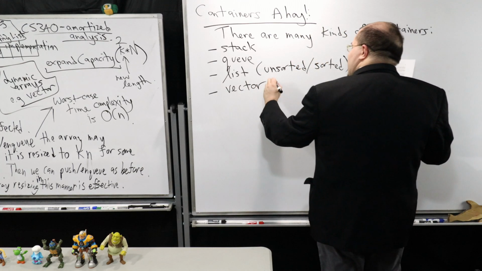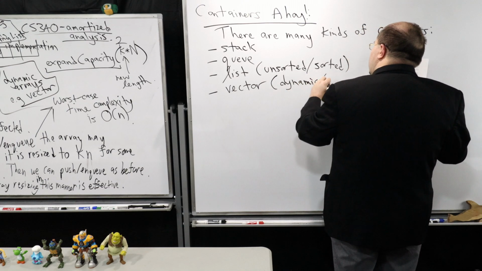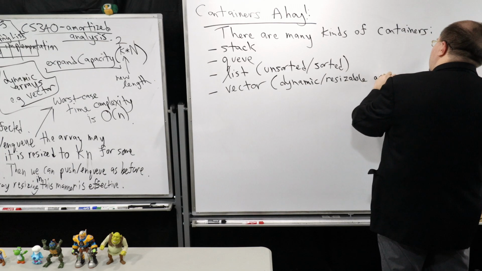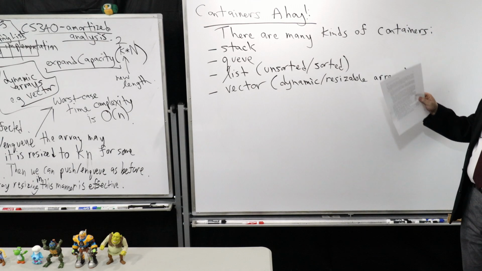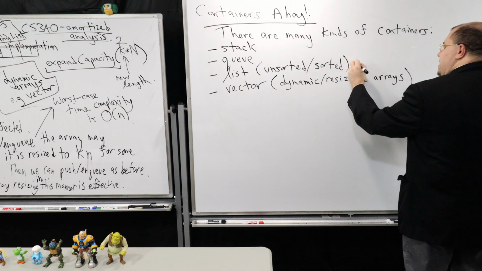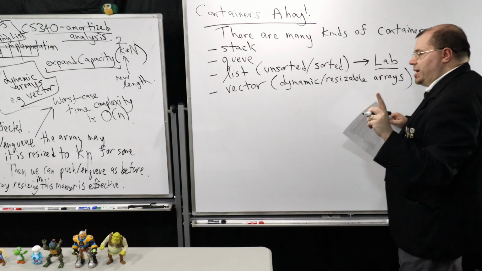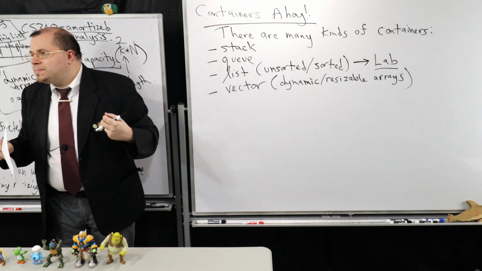These are dynamic or resizable arrays. So you might ask, okay, so what's a list? Here's the great thing. You're going to see these in the lab, actually. There is a lab dedicated to talking about lists, so you'll get to see these during lab.